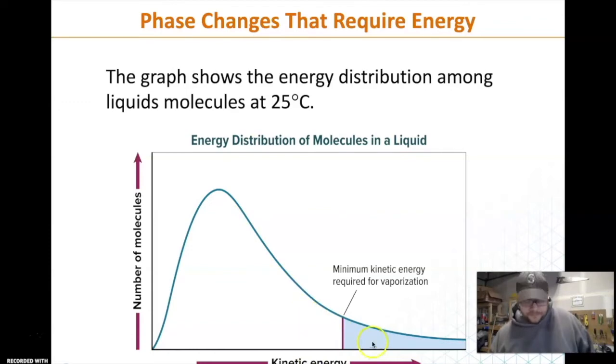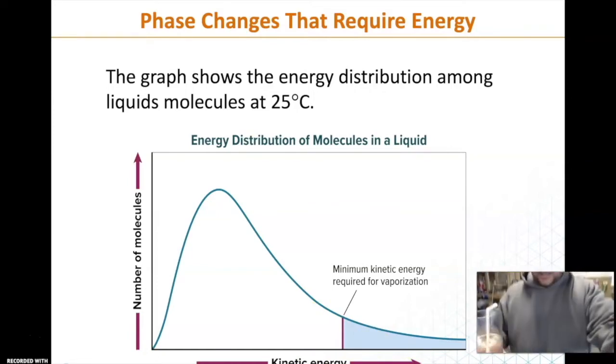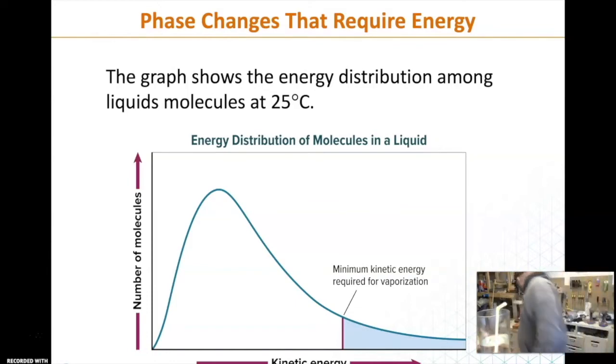So let's say that we do have our glass of water just sitting here. Right now my glass of water is at some temperature.